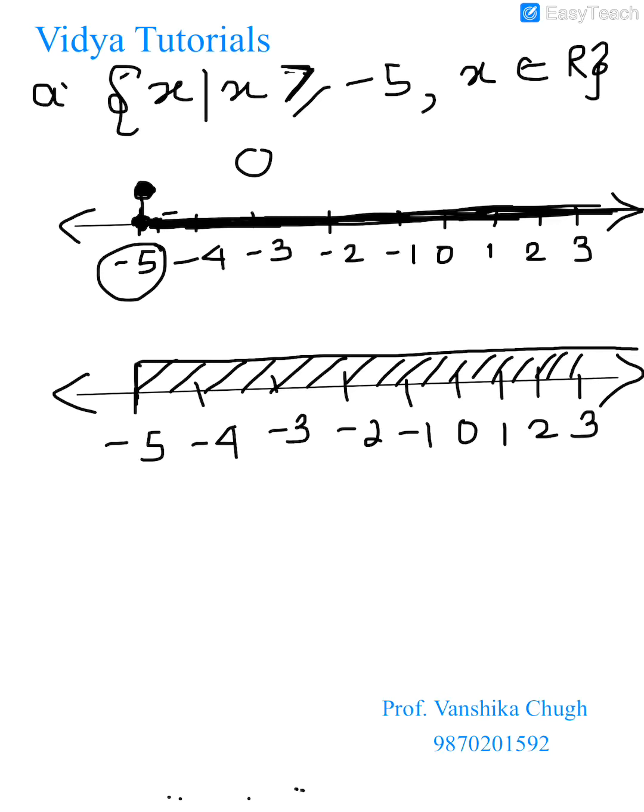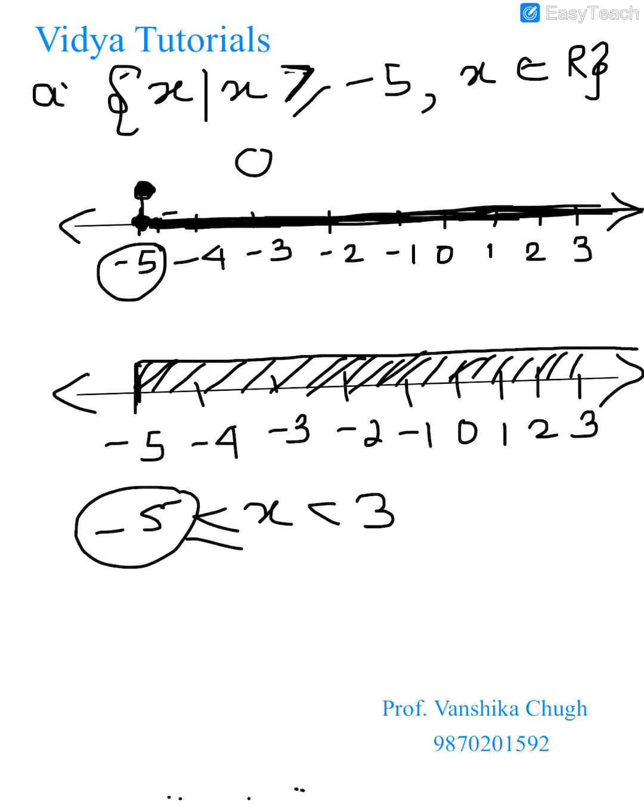Supposing x is greater than or equal to minus 5 and x is less than 3, I would have started from here with a straight line where minus 5 is included, and made a semi curve over here, which means 3 is not included. A curve means 3 is not included and minus 5 is included.